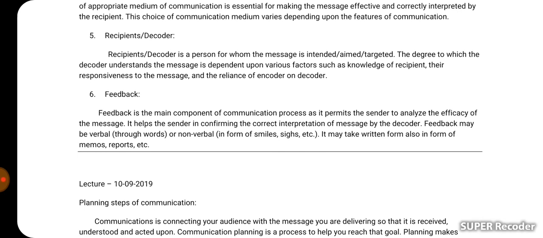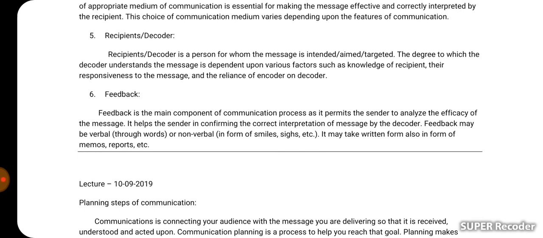By the feedback, the sender can understand whether his delivery of message is interpreted correctly by the decoder or not. Feedback may be verbal, through words, or nonverbal in the form of smiles, sighs, etc. These are the nonverbal means.